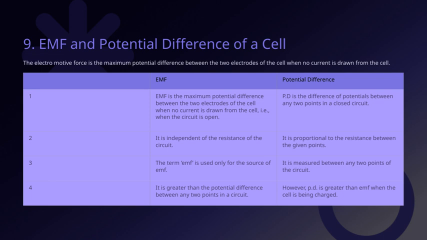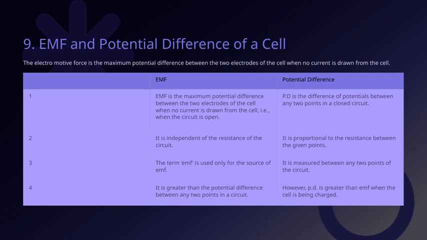The term EMF is specifically used when referring to the source of this potential difference, like the battery or cell itself. It's not just any potential difference, it's the maximum potential the source can provide. On the other hand, potential difference, or PD, is the difference in potential between any 2 points within a closed circuit.